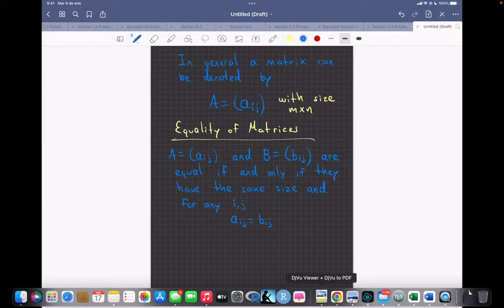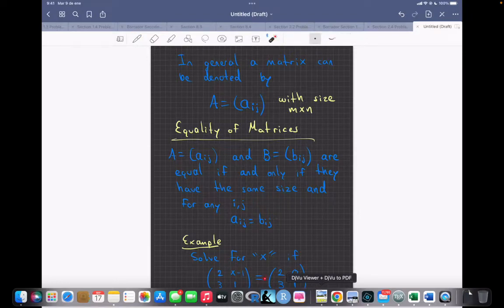For example, one example here, solve for x. If I have this matrix 2, x minus 1, 3, and 1 equal to 2, 3, 0, and 1.